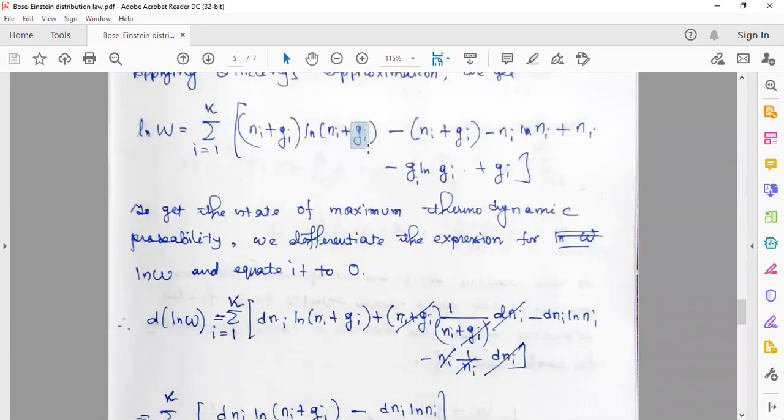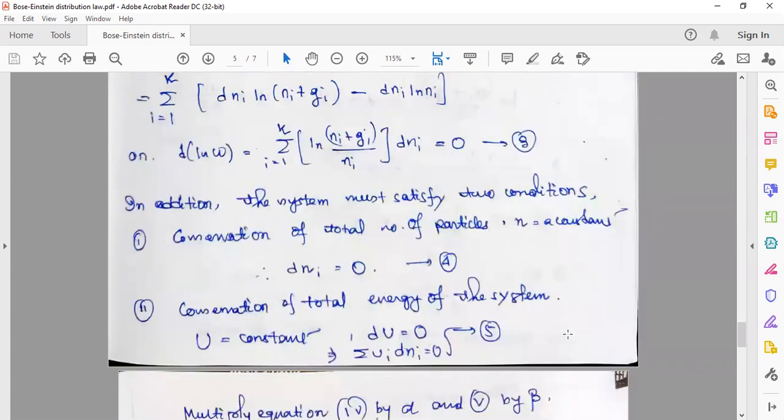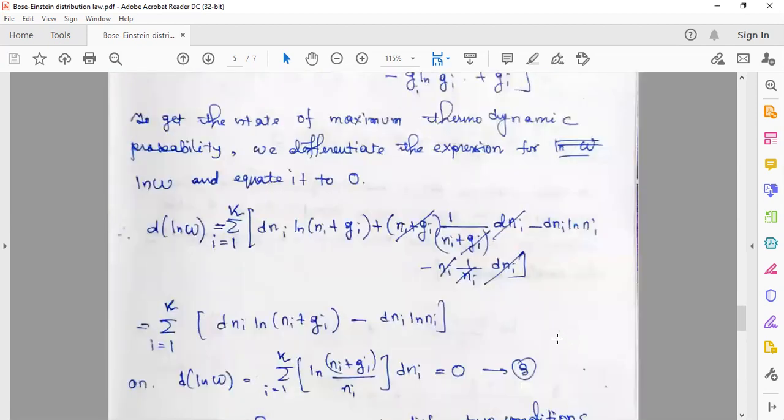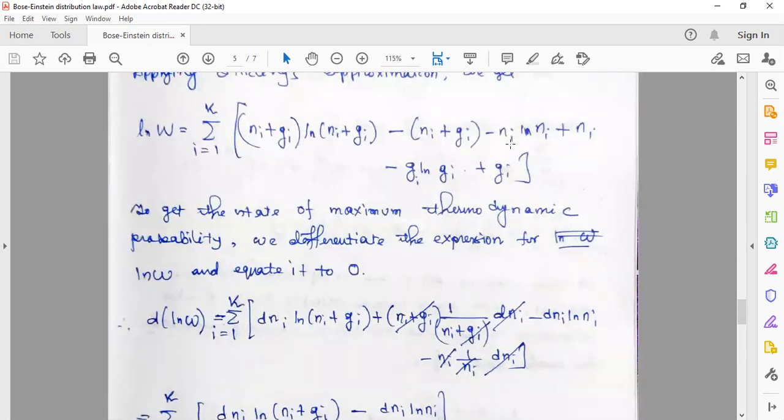And gi is assumed to be a constant, so the differentiation dgi is simply equal to 0. Have I written somewhere that dgi is equal to 0? No. Anyway, dgi equal to 0. Then which quantity do we have to differentiate? This quantity, then this quantity we have to differentiate. So it will be a ni.